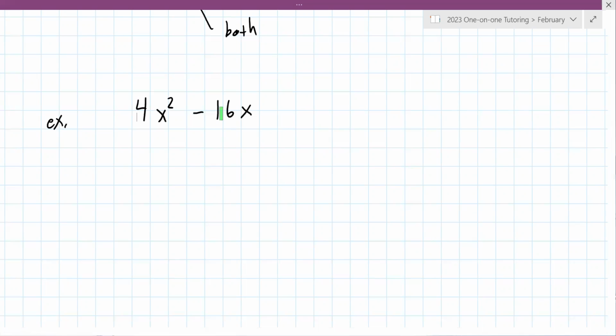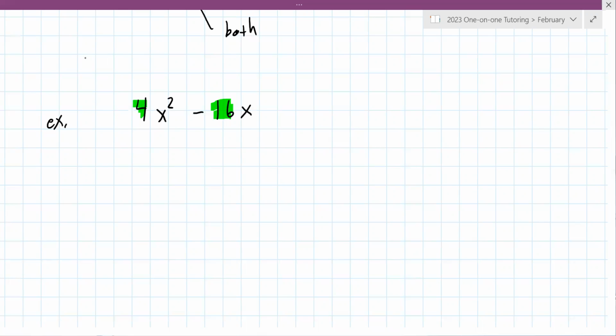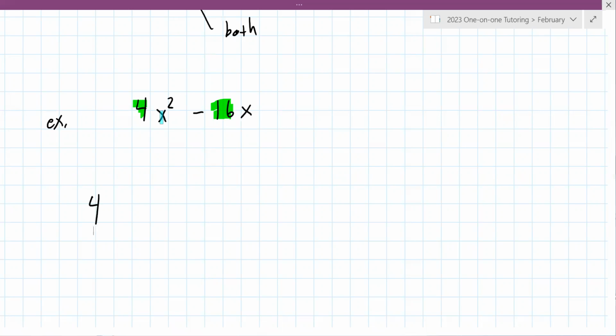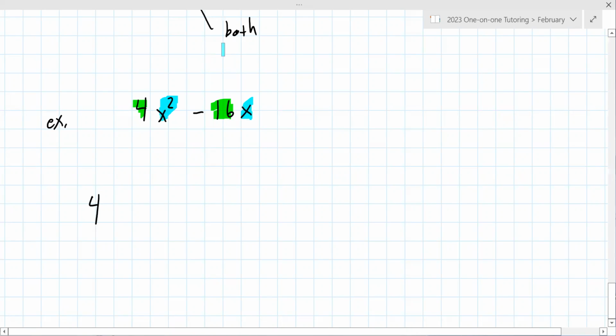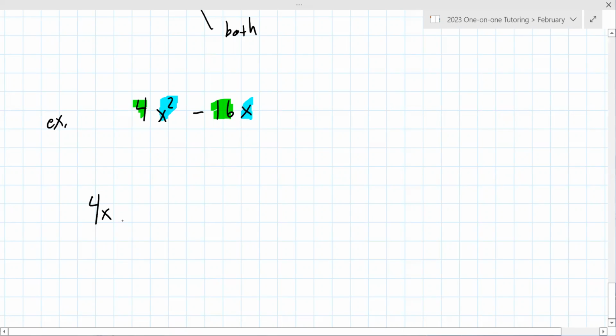What's the biggest number that goes into both 4 and 16? Four. Okay, very good. Now look at the two variables, x squared and x to the 1, which is the smallest degree exponent? Just x. So here's what you're going to have to do. You have to divide each of these by 4x.